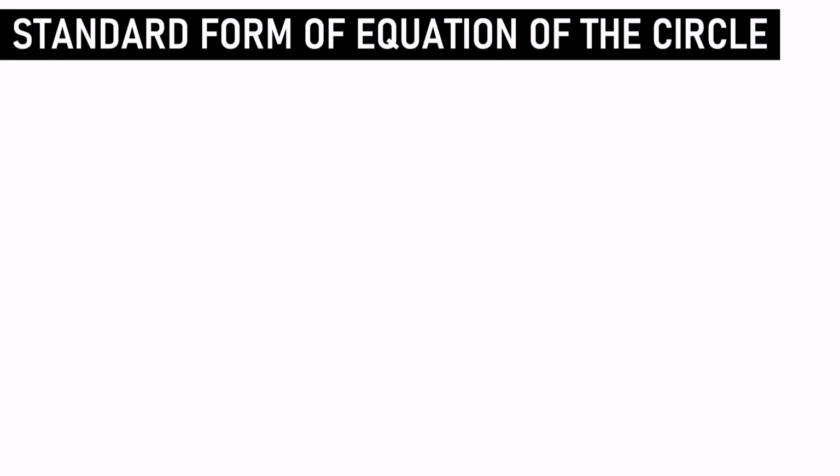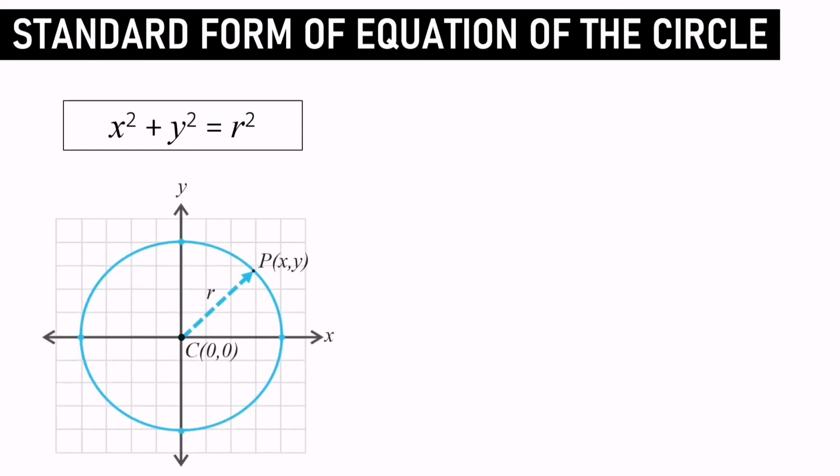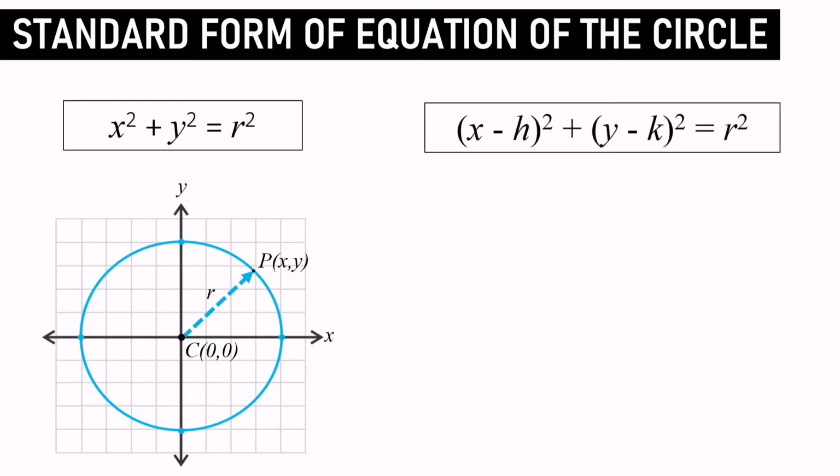Okay, so the standard form of equation of the circle is this one. X squared plus y squared is equal to r squared. Kana siya kung ang center sa imong circle kay naa sa origin. Kung ang center sa imong circle kay wala sa origin, then mao ni ang equation.